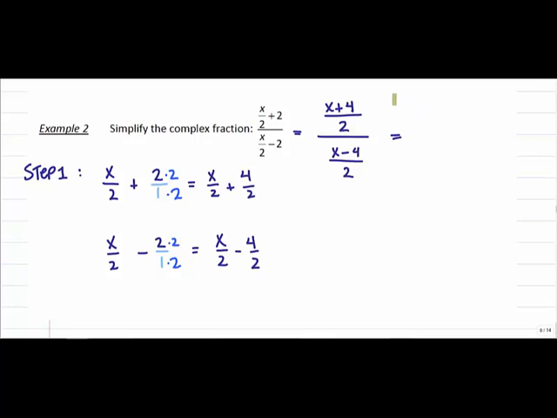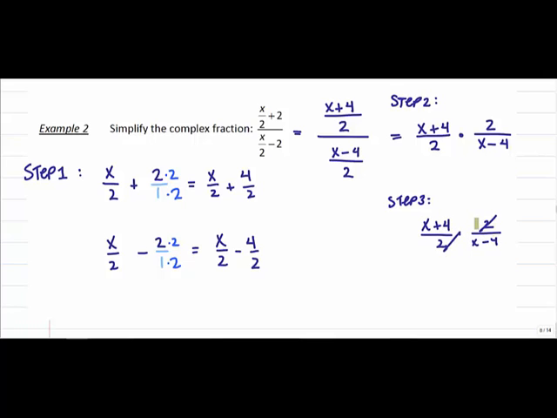Then I'm going to do step 2, which says to copy the numerator. So x plus 4 all over 2 times the reciprocal of the denominator, which will be 2 over x minus 4. And so for step 3, I'm going to note that you can do this, right?